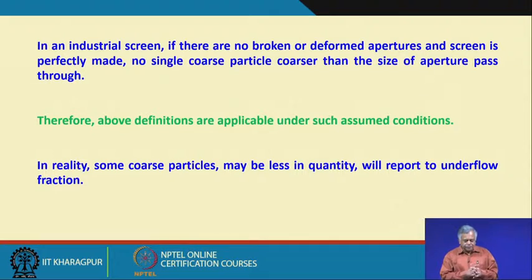In an industrial screen, if there are no broken or deformed apertures and the screen is perfectly made, that means each aperture is giving you the perfect dimension you require. If I say I want a 2 millimeter sieve aperture, and all the apertures are exactly 2 millimeter and there are no broken pieces, then no single coarse particle coarser than the size of the aperture will pass through.